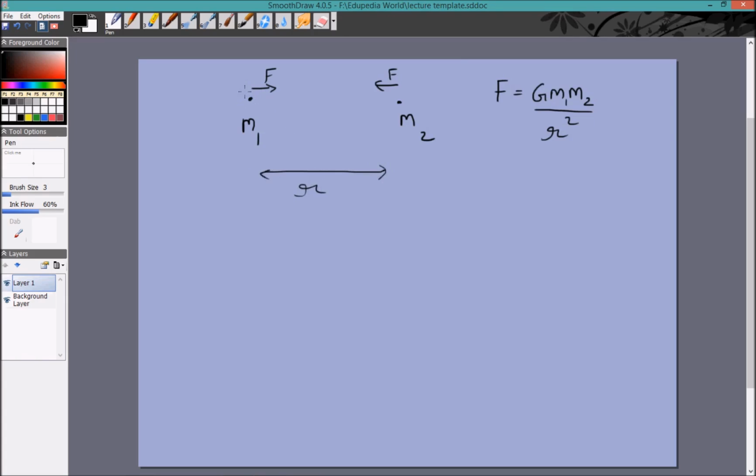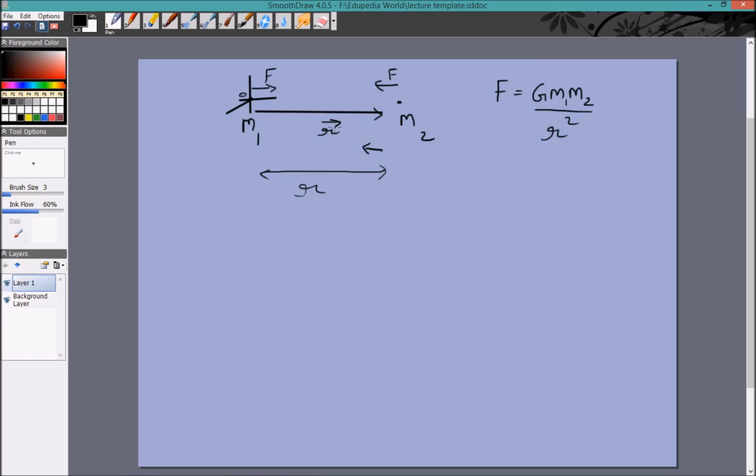Now, if we take one of these particles to be at the origin, it makes it easier for us to calculate various quantities. So let's say this is the origin, this is the x, y and z axis. This vector is now r, which is the position vector of m2 if we take m1 to be the origin. Now if we wanted to write the force on m2 due to m1, that would have this magnitude and the direction would be towards m1.